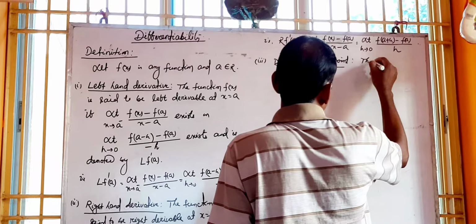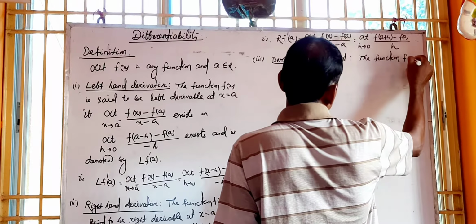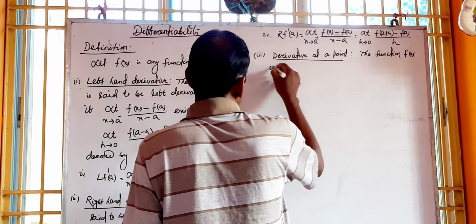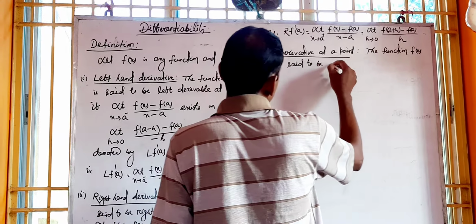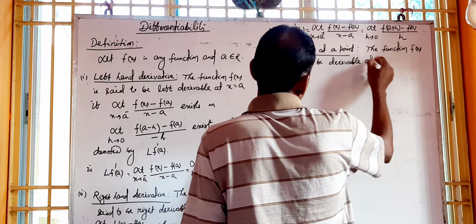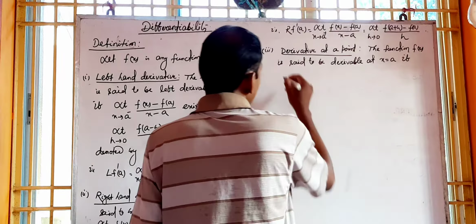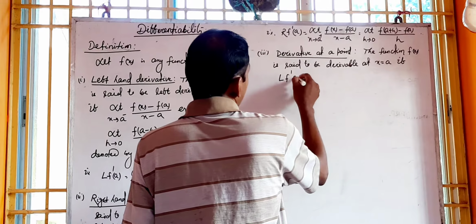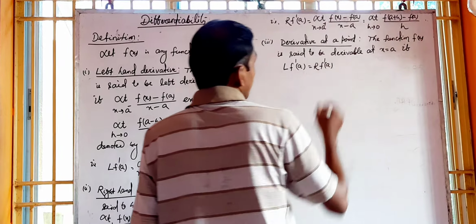Here I can say that the function f of x is said to be derivable at x equal to a if L f dash of a equals R f dash of a.